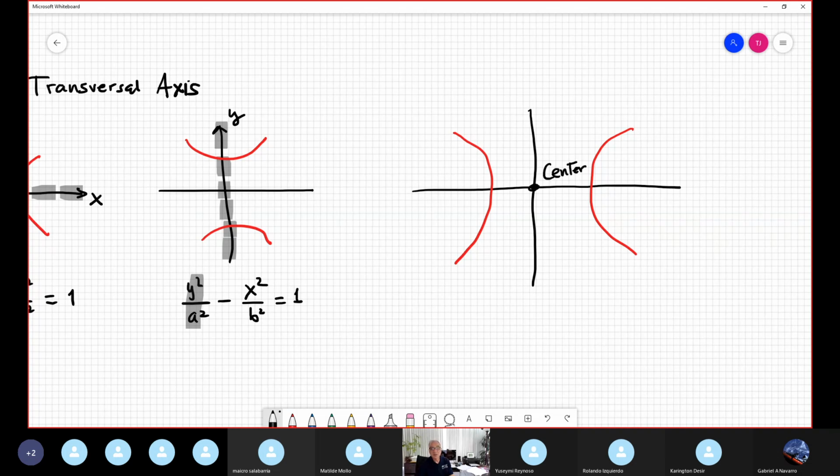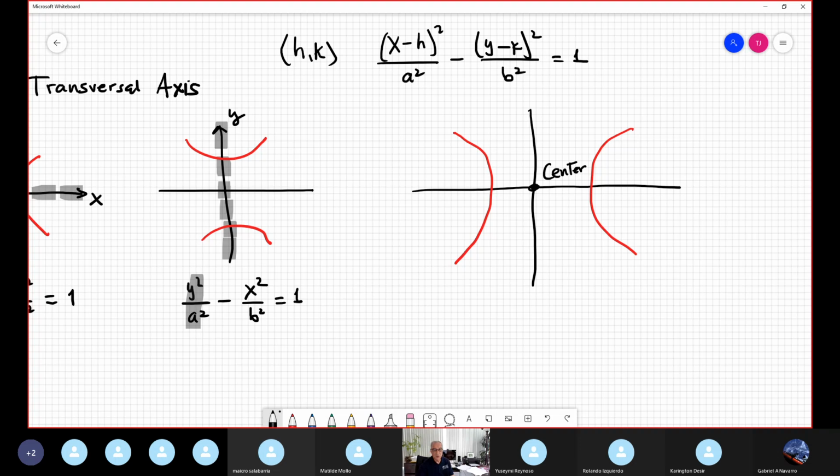You assume that it's 0,0 in this equation, but in general, no. In general, it's x minus h squared over a squared minus y minus k squared over b squared equals 1. In this case, the center is located at the point h, k, when you have motion, when you have transformation. So if you have no transformation, the center is 0, 0 because h is 0 and k is 0.